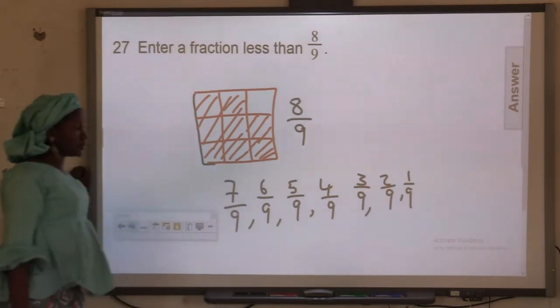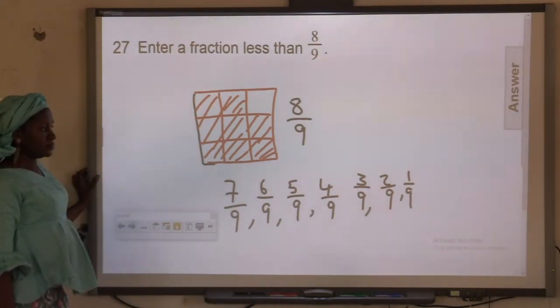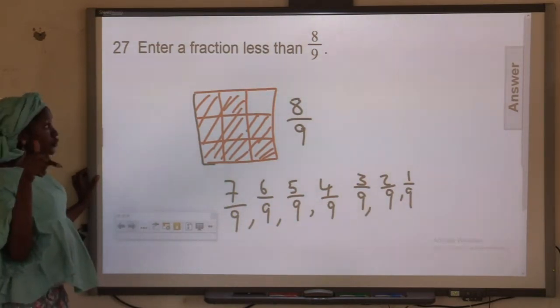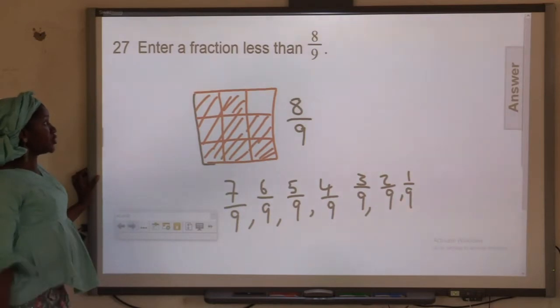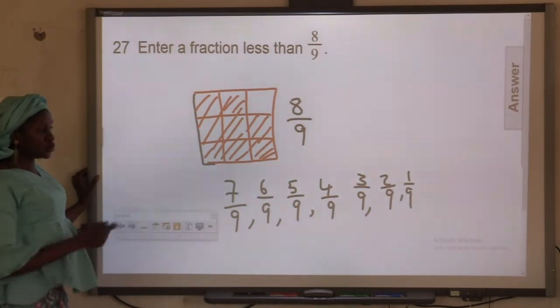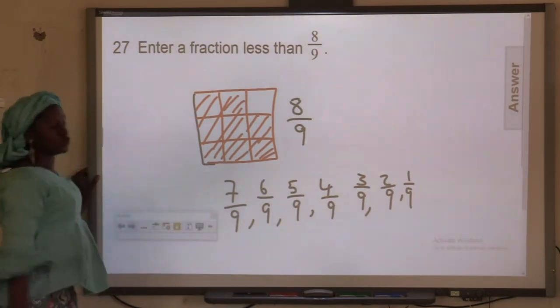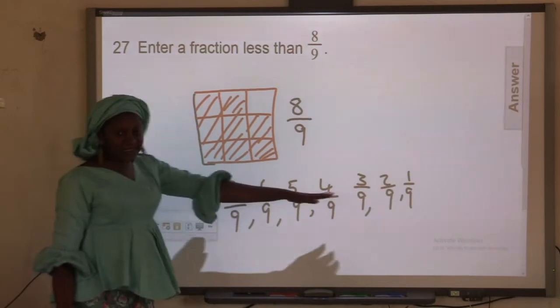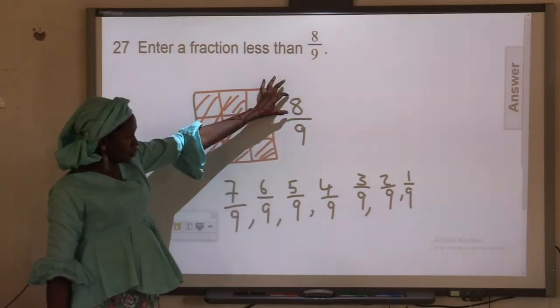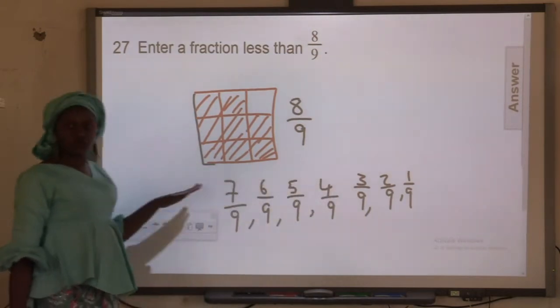All these fractions are possible answers. You can have all these as your answers, or you can choose only one as your answer, because it is telling you to enter a fraction less than 8/9. But remember, we are dealing with fractions with the same denominator, and these are all less than 8/9, because 8 as a numerator is greater than all these numerators you are seeing here.